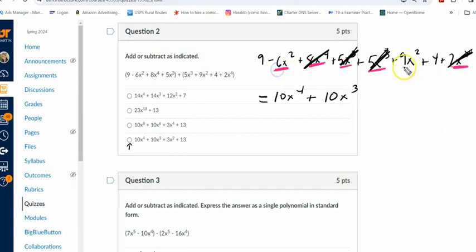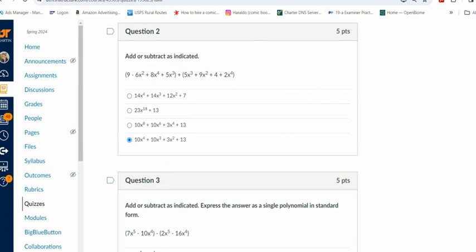There's an x squared term, and there's an x squared term. So negative 6x squared plus 9x squared is going to be 3x squared. And then I've got 9 and plus 4 left. And that is matching what's written here. Okay. All right, let's continue.